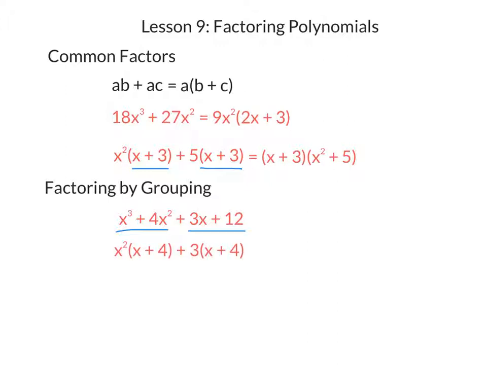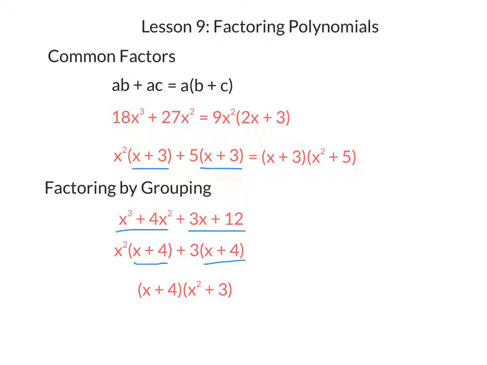We now have x squared times x plus 4 plus 3 times x plus 4. But notice, we again have common factors here of x plus 4. So let's factor out the x plus 4 and see what we get. Our final result becomes x plus 4 times x squared plus 3.